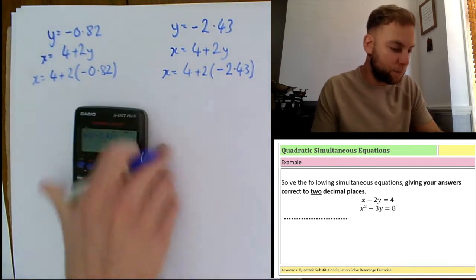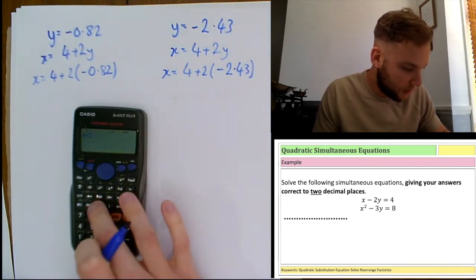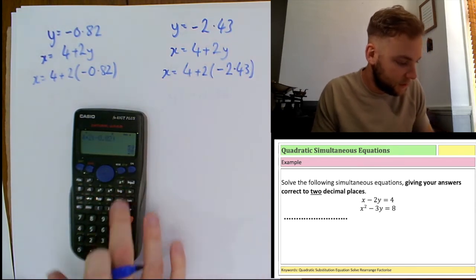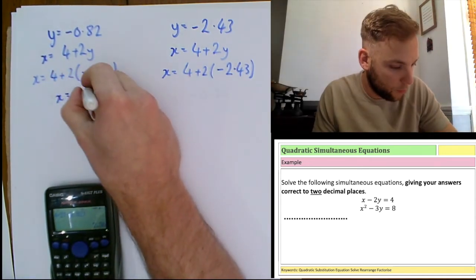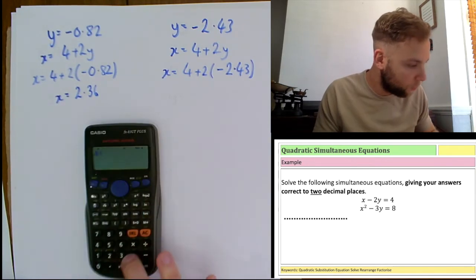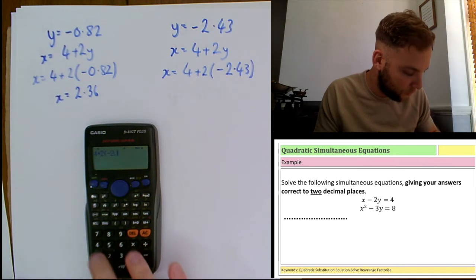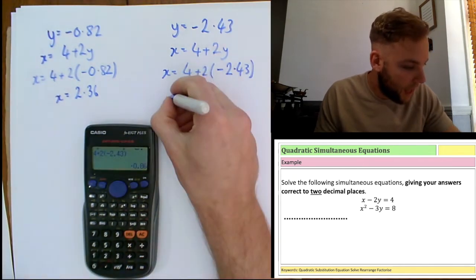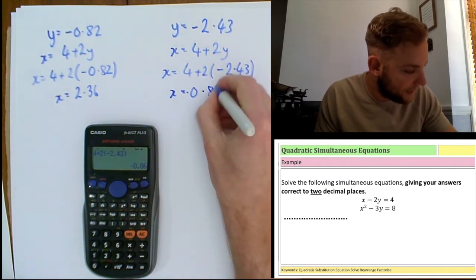So let's substitute both those values in. So 4 plus 2 times by minus 0.82 is x is equal to 2.36, and then the other one, 4 plus 2 times by minus 2.43, which is x is equal to minus 0.86.